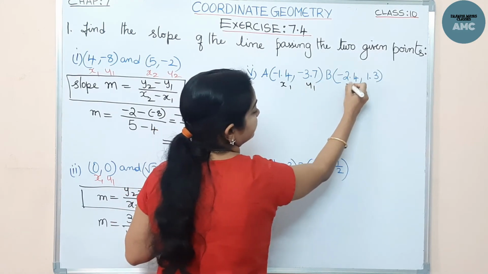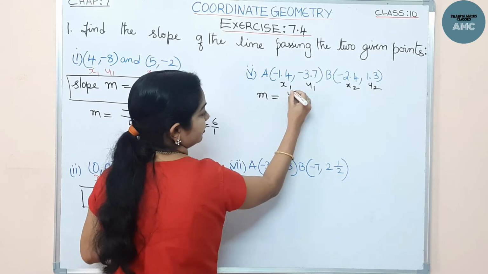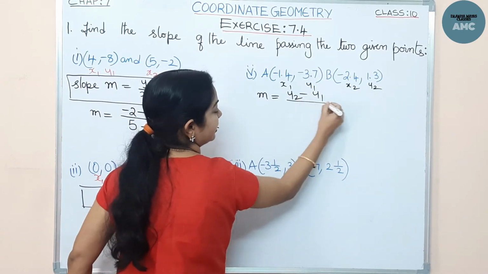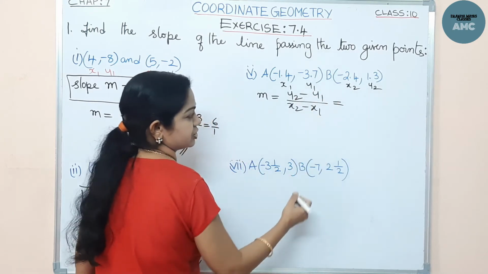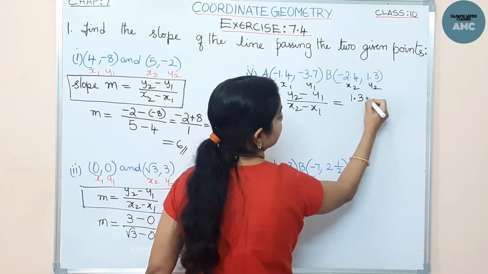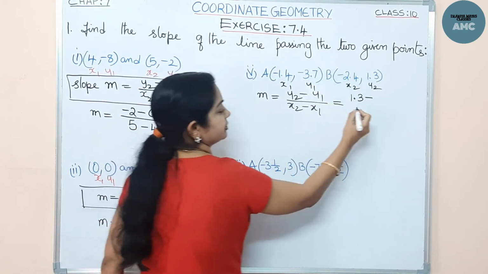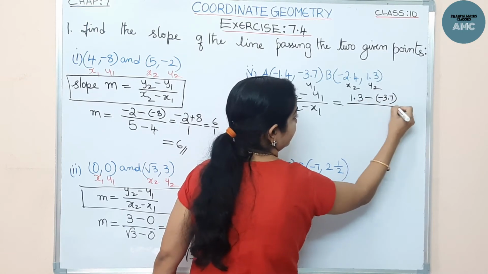Now x1 y1, x2 y2. Now the slope formula, y2 minus y1 by x2 minus x1. So let me substitute. y2 is 1.3 decimals minus y1 is minus 3.7. Okay.